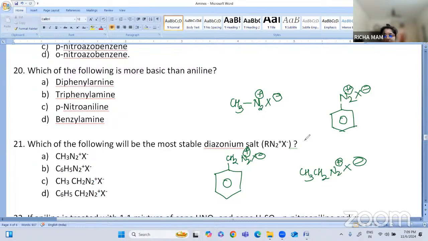So which of the following is the most stable? Option number A, B, C, and D. Which is the most stable diazonium salt?